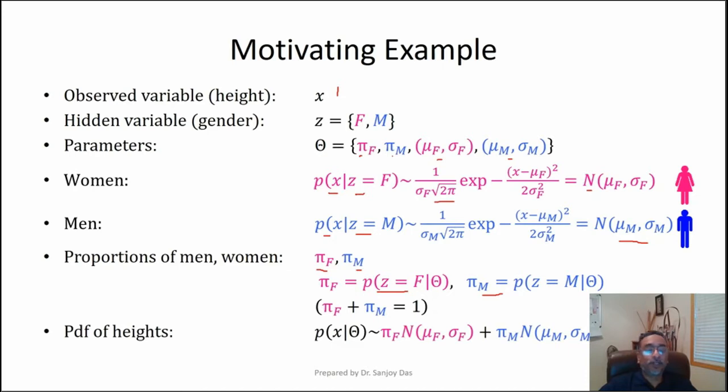And therefore, the heights follow this distribution. P(x given theta, all the parameters) equals pi f times N(mu f, sigma f) plus pi m times N(mu m, sigma m).